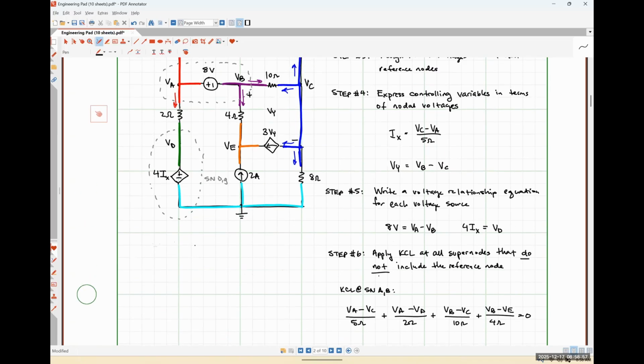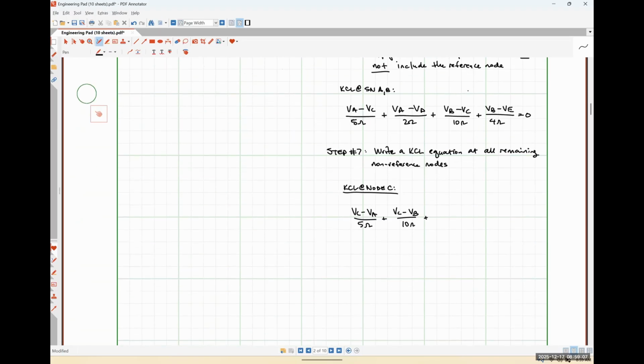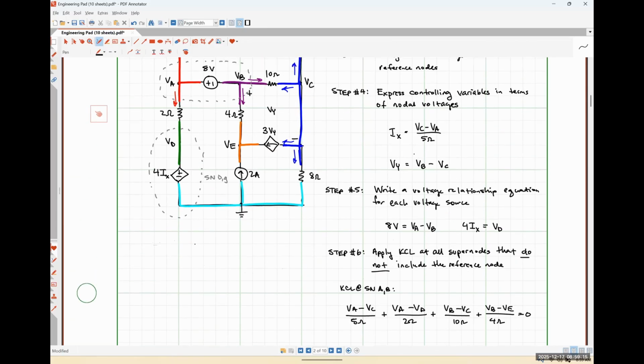Somebody give me another term. VC over 8. All right. So that's the one flowing down. So lastly, we have the current flowing through the dependent source, which it seems like you guys are avoiding. I don't understand it. It's the easiest one to write. 3VY.